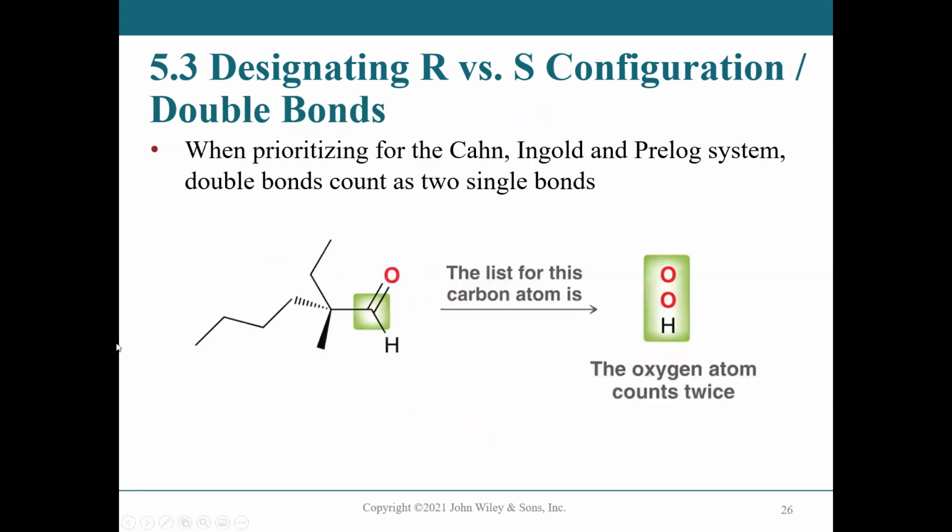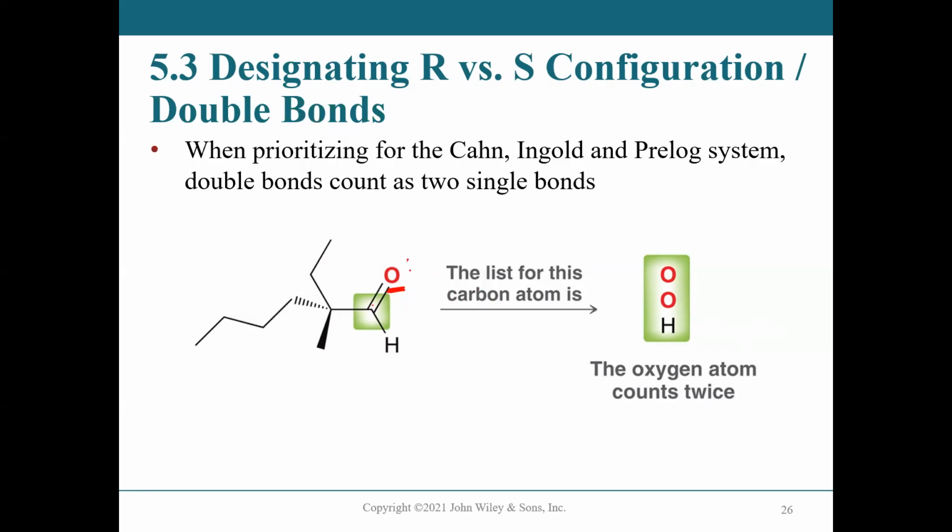Okay. So they're saying this double bond counts as 2 single bonds here. So if we're going to give priority, we look down the path. Everyone has a carbon, right? So the first one's not going to do anything. Now we look down this one. This is going to be the winner right here because it has two, and oxygen's bigger than carbon. So it has two single bonds, or a double bond, and it says you're going to count it twice.